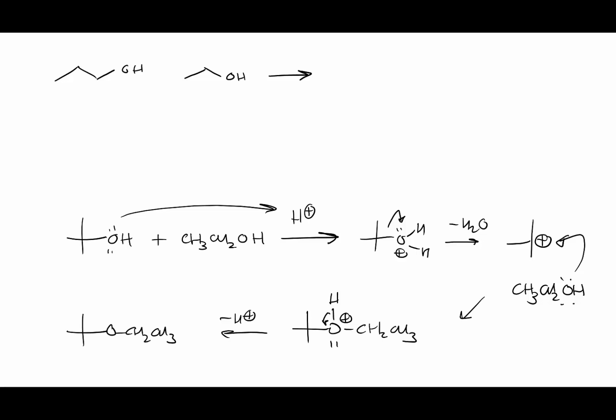So for a system that has a tertiary or secondary alcohol plus a primary, you're going to protonate preferentially the secondary or tertiary so you can go through the carbocation. But that mechanism cannot occur with two primaries.